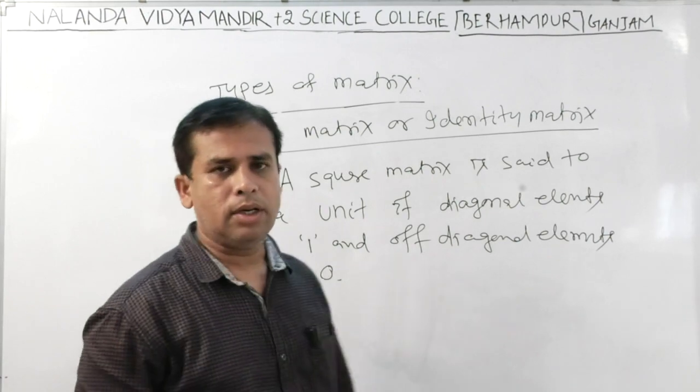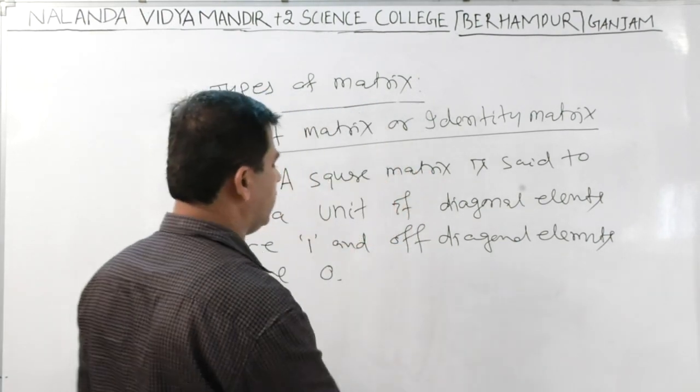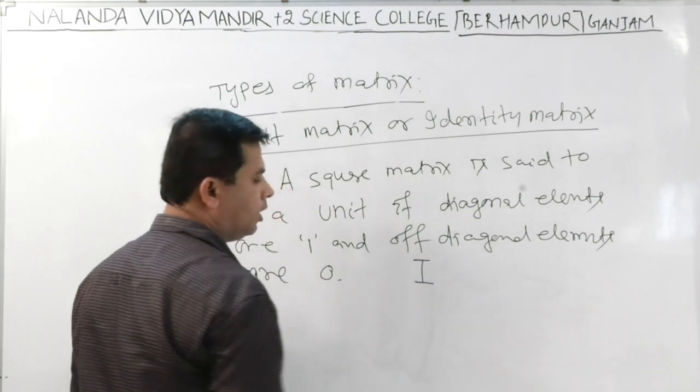Then we say that it is our unit or identity matrix. The unit matrix or identity matrix is generally denoted by I.